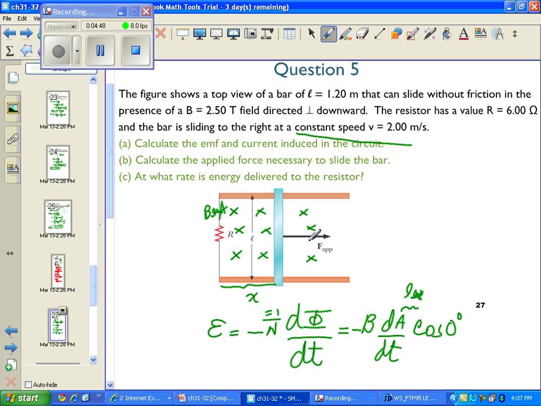And let's just see if we can make an application here using Lenz's law to get some directions. Now we know that as more and more of the area is being open to this external magnetic field, there's going to be an induced magnetic field to oppose this more and more of these magnetic field lines cutting through the area.